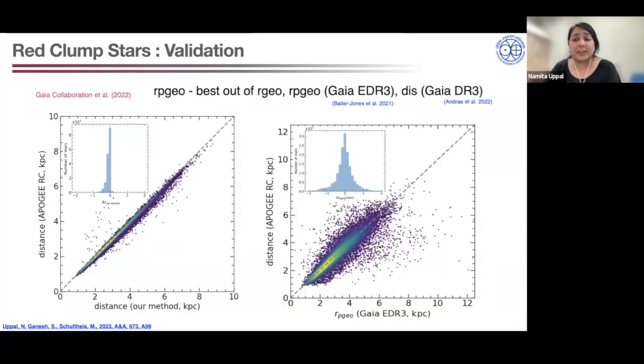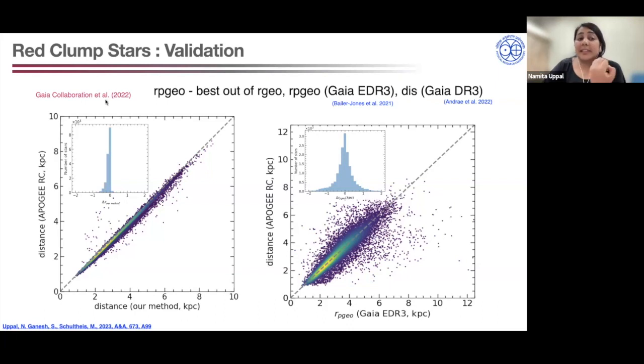In different Gaia data releases, there are different kinds of distances available. Like r_pgeo and r_geo, these are based on Bayesian inference using some prior condition. And for the Gaia DR3 catalog, they have provided distances using multi-parameter fitting, forward modeling.